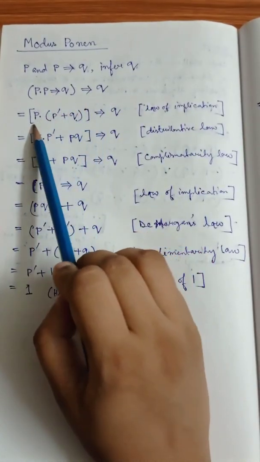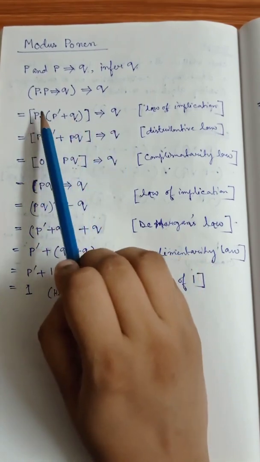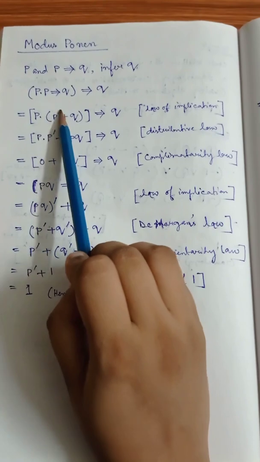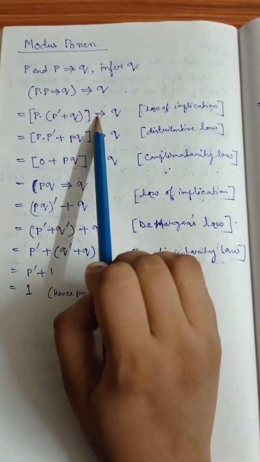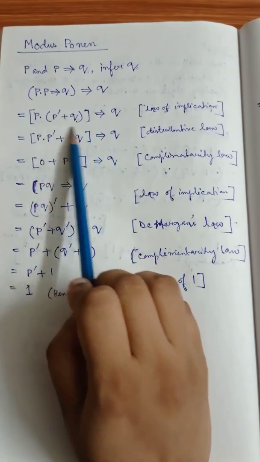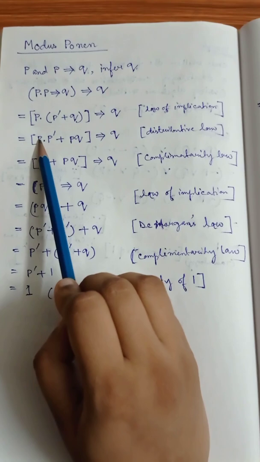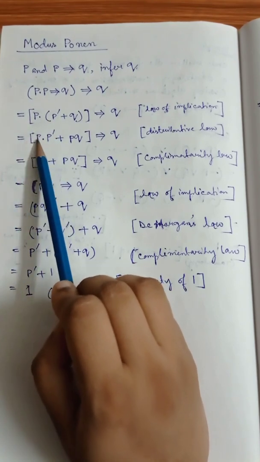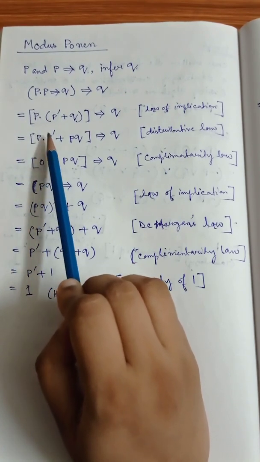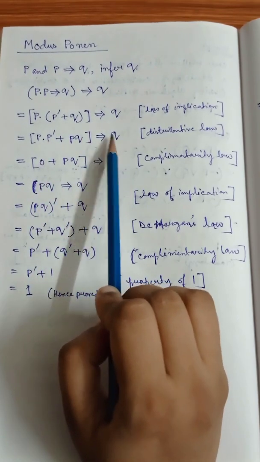After using law of implication, the first line is this: P dot (P complement plus Q) implies Q. Next, after that we simplify this line using distributive law. So the answer is P dot P complement plus PQ implies Q.